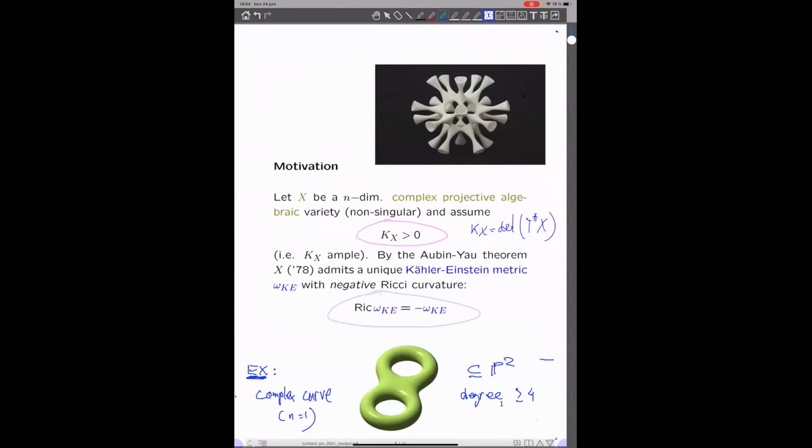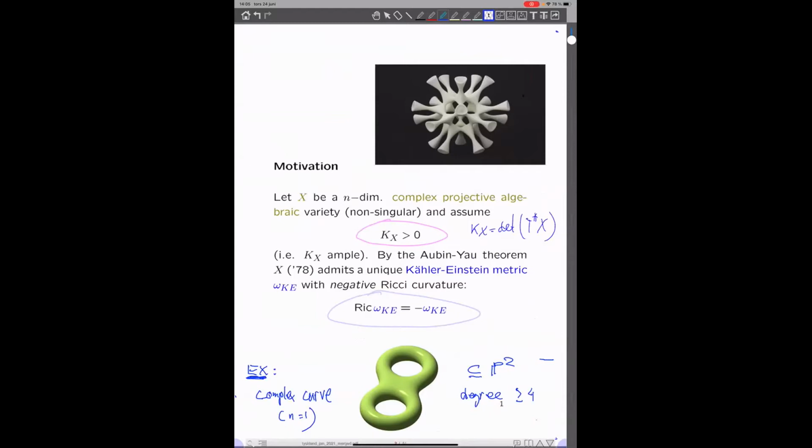Okay, so let me start by giving some motivation. Let X be an n-dimensional complex projective algebraic variety that I assume is non-singular for simplicity, and also assume that the canonical line bundle is positive. Unless you're into complex geometry, maybe that does not make much sense.